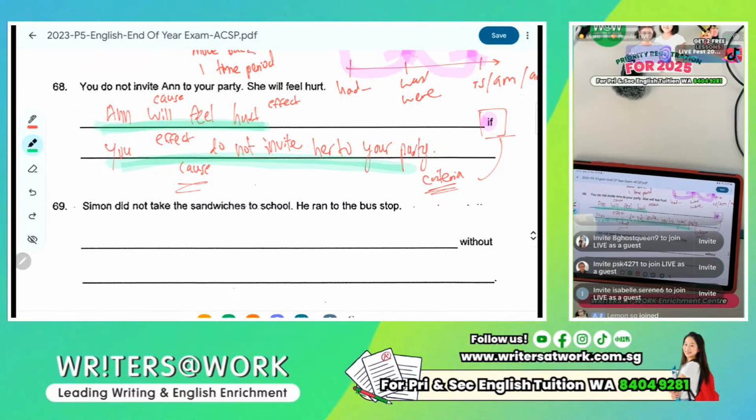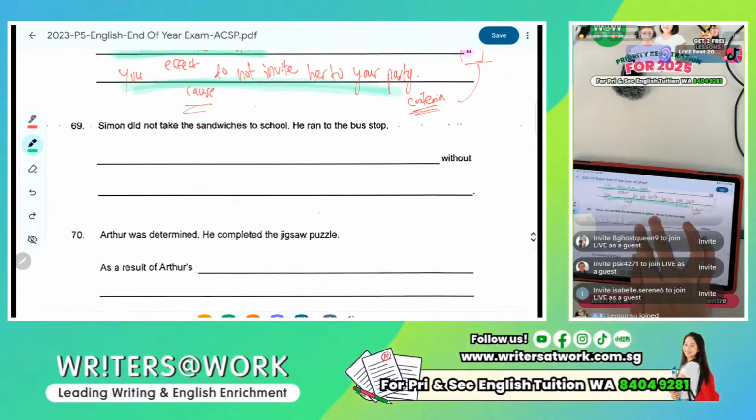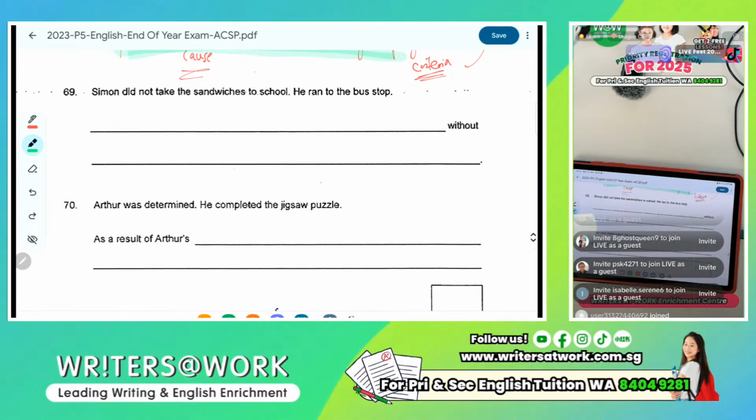Now let's look at question 69 here. Simon did not take the sandwiches to school. He ran to the bus stop. The word without here has the same meaning as did not. Okay, I repeat, did not.